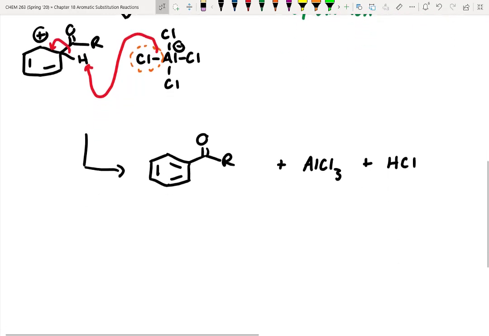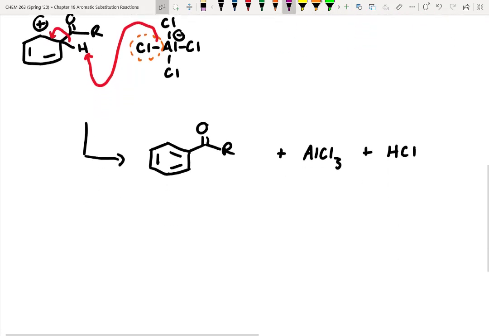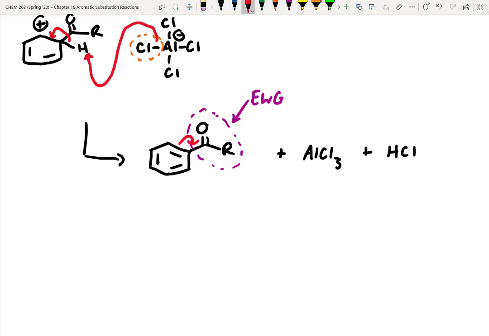And then the other nice benefit to this is in the acylation reaction, we're installing this whole group right here. And this is an electron withdrawing group. And it's important to remember it's electron withdrawing because we have a resonance structure where we can pull electron density out of the ring.